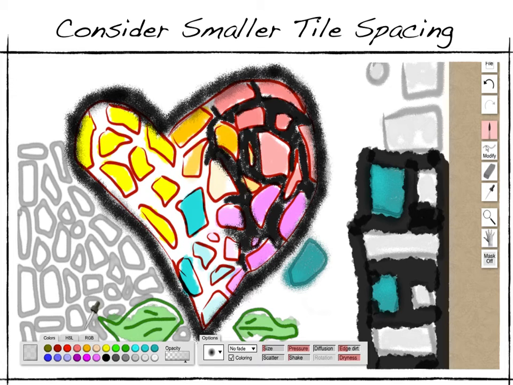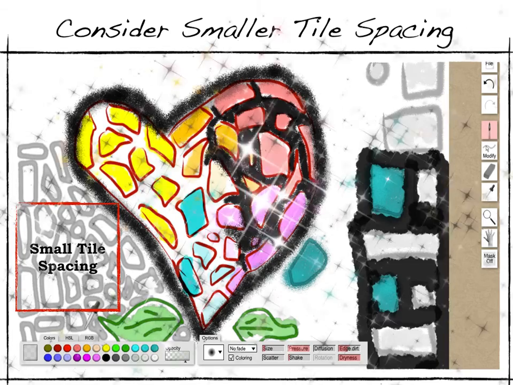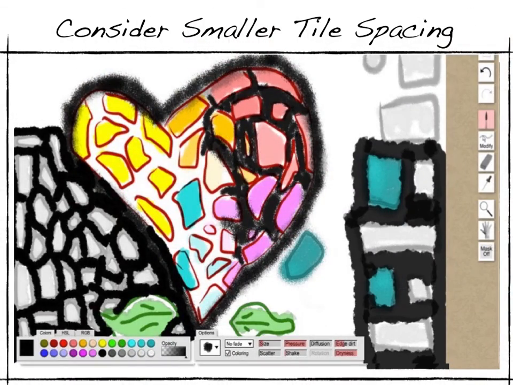Whereas on the left, we're using smaller tile spacing. Basically, there would be less grout that would have to go between the tiles. Most seasoned mosaic artists use many smaller pieces versus larger pieces and pieces that are not spread out so far.